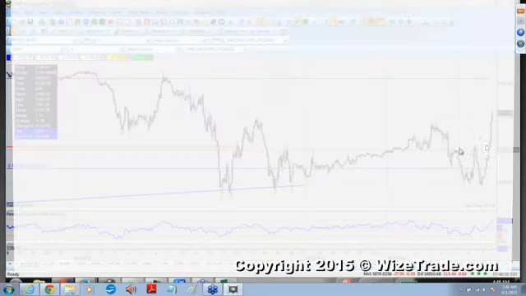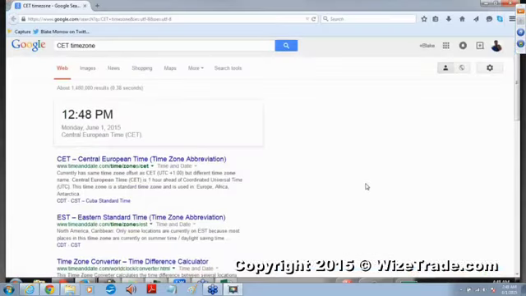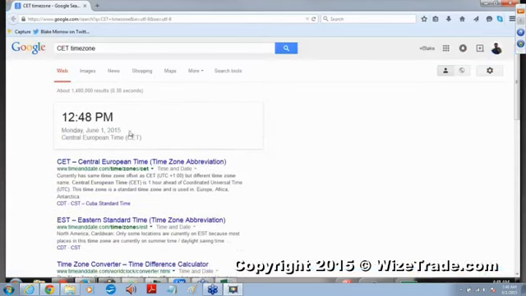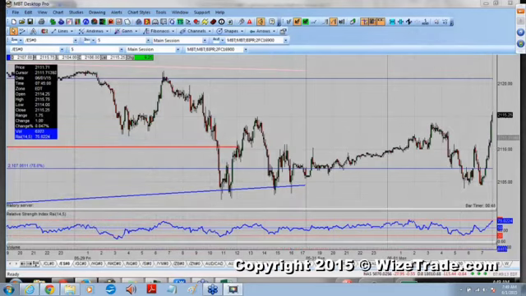I must be wrong, or Google's wrong. 12:48 Central European time, that's what Google says. Everybody else says it's going to be in an hour and 15 minutes. Okay, so if it doesn't happen in an hour and 15 minutes, and it's in 2 hours and 15 minutes, how about that?